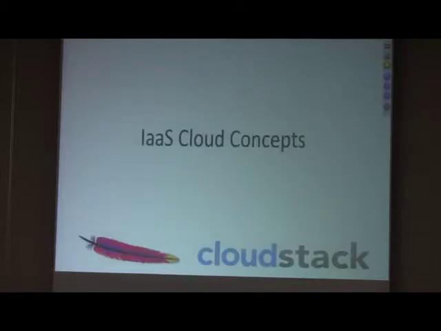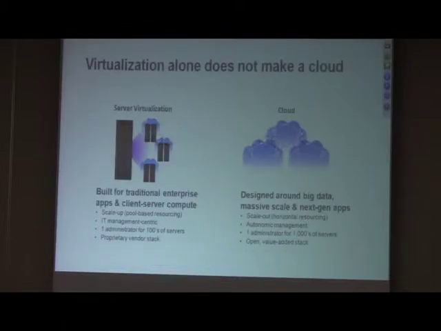I'm going to go a little bit into the IaaS concepts that CloudStack has. We've been doing this for about three-something years, and we took a look at what people actually use the cloud for. When you look at Amazon, the Amazon cloud is very much on the right-hand side, and it's all about designing around big data, massive scale and next-generation apps.